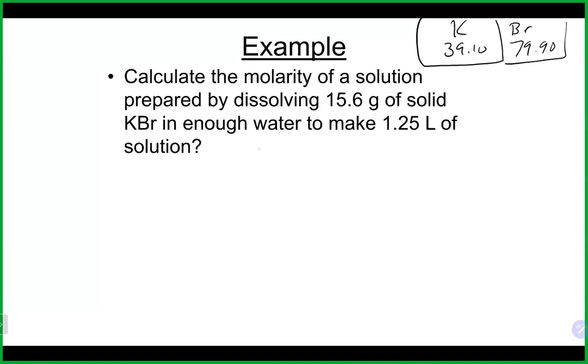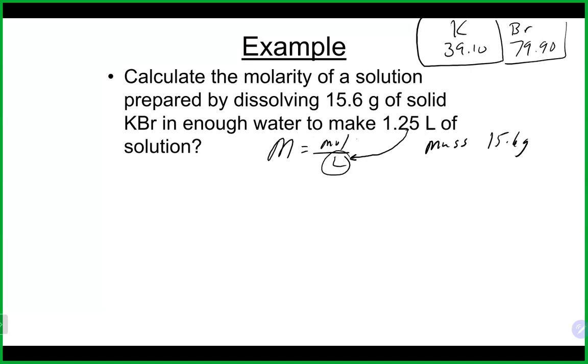So clearly, we're going for molarity, which means we need moles per liter. So we want to think about, do we have any of that given to us already? And hopefully you see we do have the volume given to us, and it is in the correct units, which it does have to be in liters, by the way. We have the mass here of our solute, which is 15.6 grams.